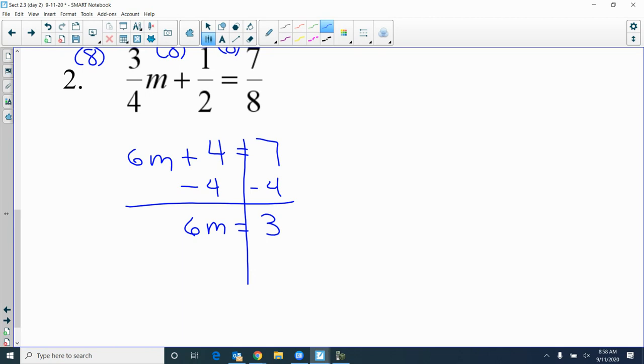6m equals 7 minus 4 is 3. All right, what do you think that answer is? Go ahead and put that down. I would say this would be a little bit easier for harder problems.